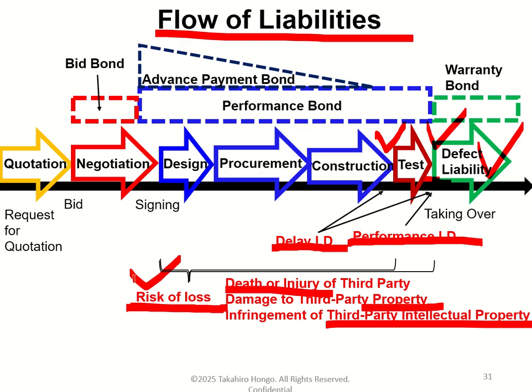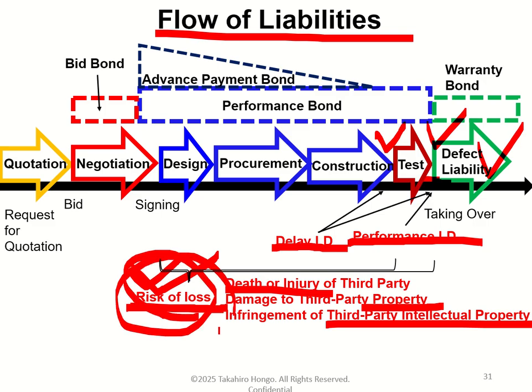This is called the risk of loss issue. Typically, from contract signing to taking over, the contractor must bear the risk. But after the taking over, the owner must bear the risk.